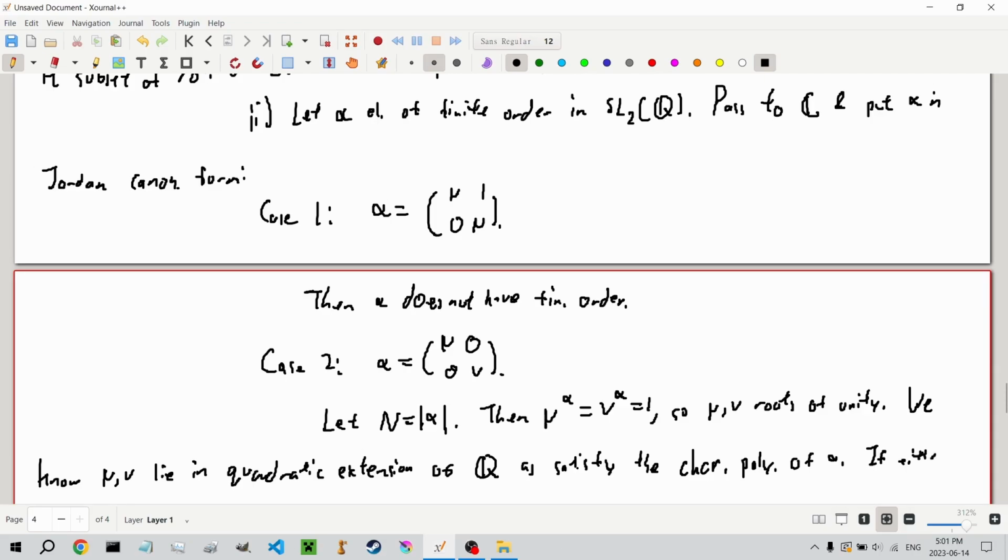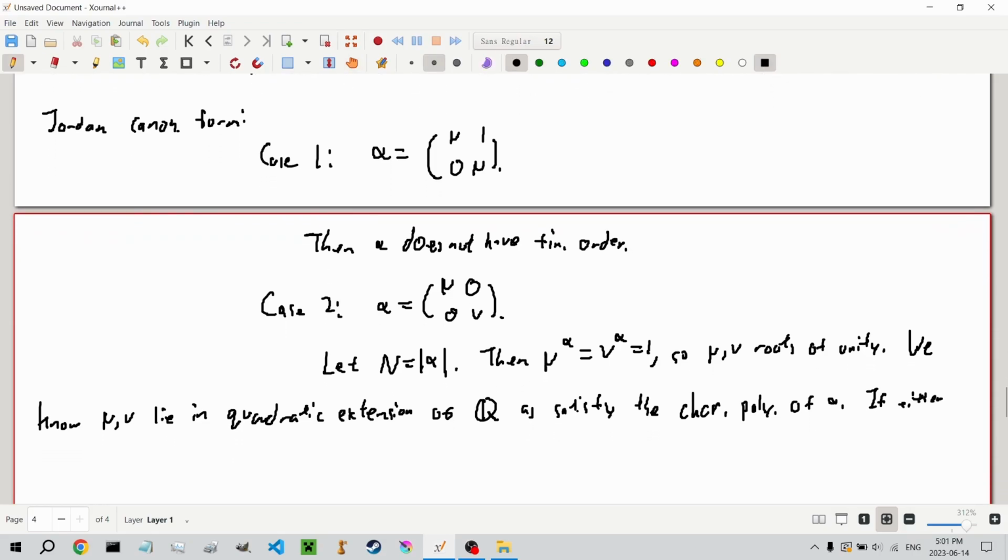If either of mu and nu are not in Q, they are both not in Q and are complex conjugates. I'll just write it out because I think using the bar would be ambiguous in this setting.